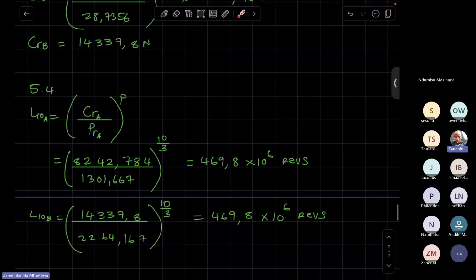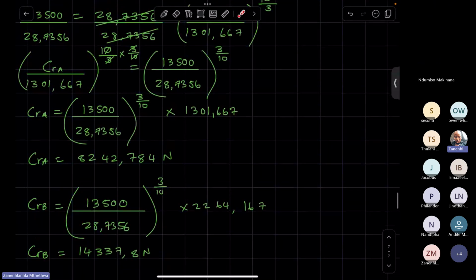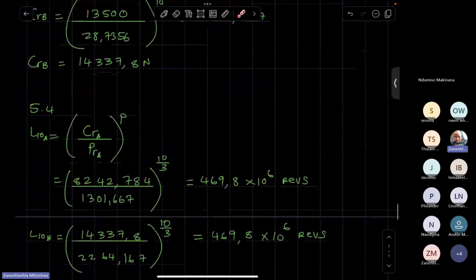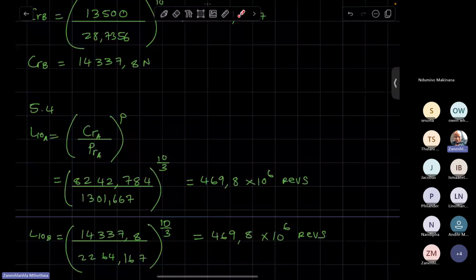So that is how you would attempt problems based on bearings. If you notice here, we've essentially covered everything on bearings regarding calculations. It's everything based on theory that you will do on your own.